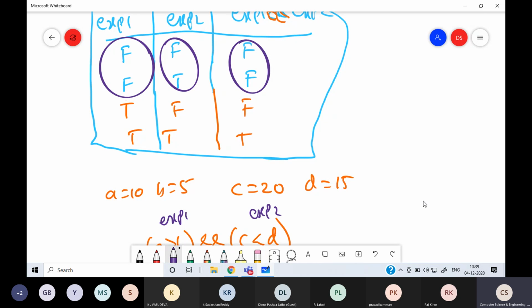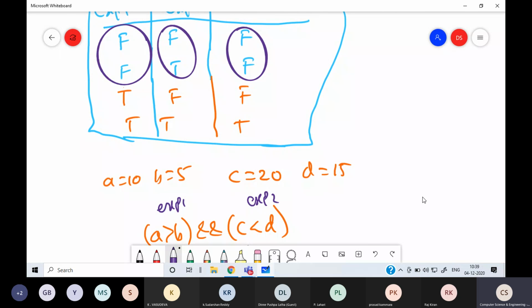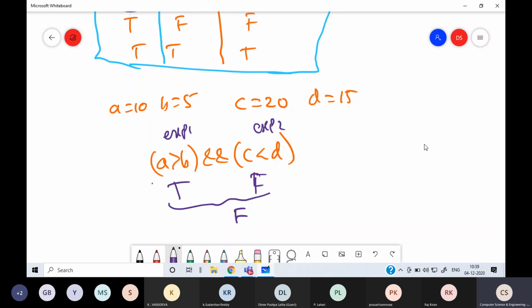Because both should be true to make the compound expression true. When expression 1 is false, the computer will not check expression 2. It will not bother about the evaluation of expression 2 because whatever the result of expression 2, the result of the compound expression is going to be false.